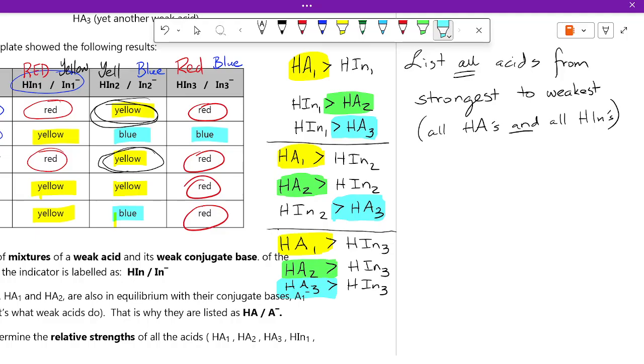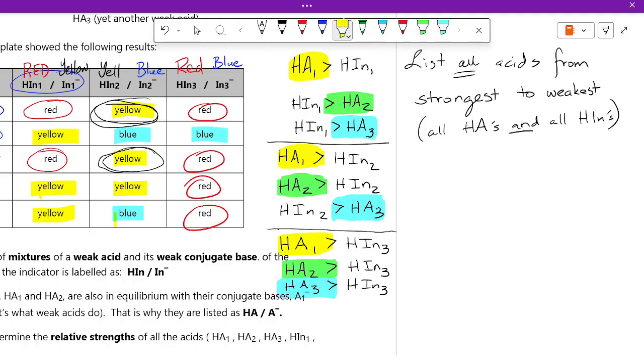So if you just wanted to put your HAs in order, who is the strongest of the HAs? The 1s are yellow, the 2s are green, and the 3s are blue. So who's the strongest? What color is the strongest one? Yellow is the strongest one.